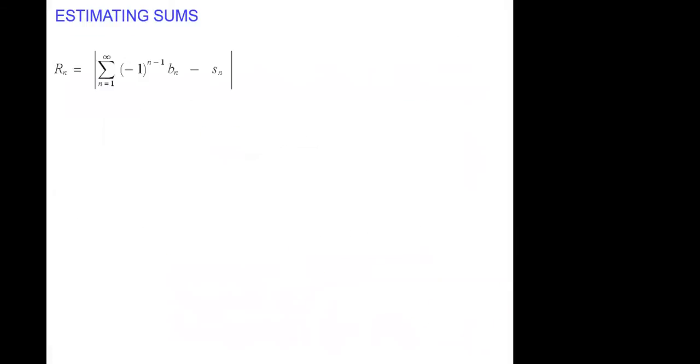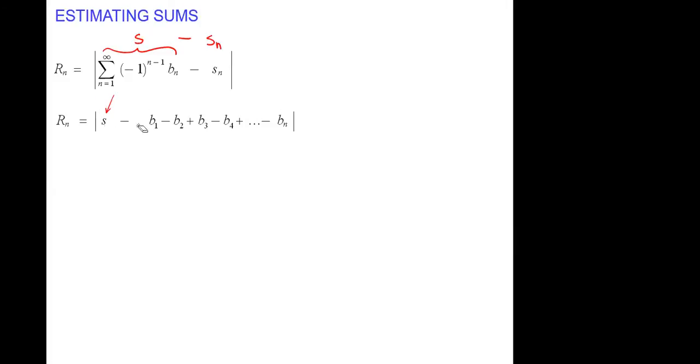Let's see what we will have. This error was the entire sum minus the partial sum, okay? And the entire sum, of course, is my infinite series. Oh, actually, I did put s here.